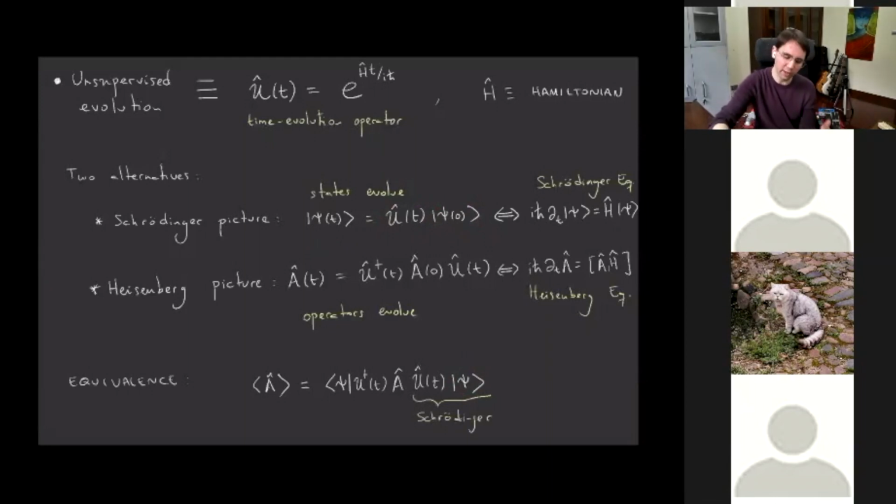But if we only care about the expectation value, we can see that instead of making evolution onto the state psi, we could interpret this operator here as a new time-evolved operator that is precisely the one that I gave you in the Heisenberg picture.